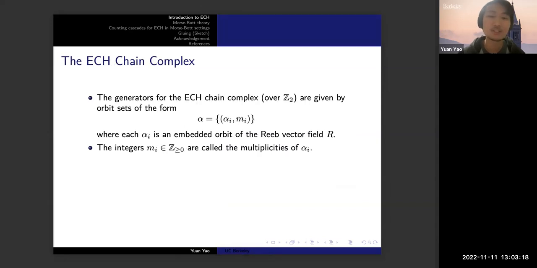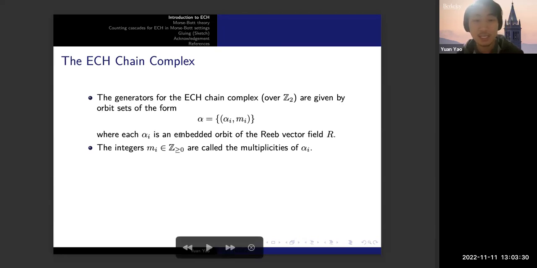So what are the generators? I'm going to give you the chain complex generators over Z2 coefficients. They're given by orbit sets, which is different from other Floer theories. An orbit set is a collection of Reeb orbits alpha_i, and each alpha_i has to be embedded. Together with that comes a positive integer, called the multiplicity of alpha_i.